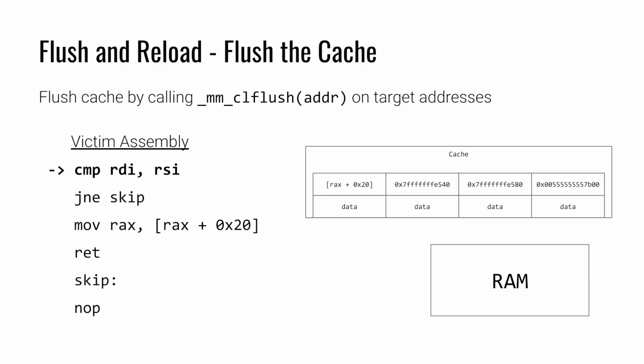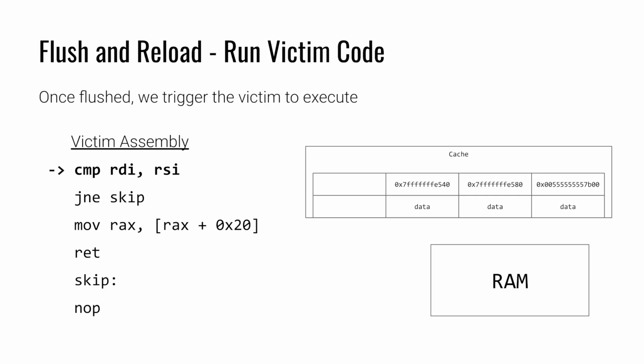The first thing we have to do is flush the addresses that we're interested in. The address that tells us the piece of information we want is this RAX plus hex 20. If I know the address of that, we can flush that address. That would flush it from the cache.